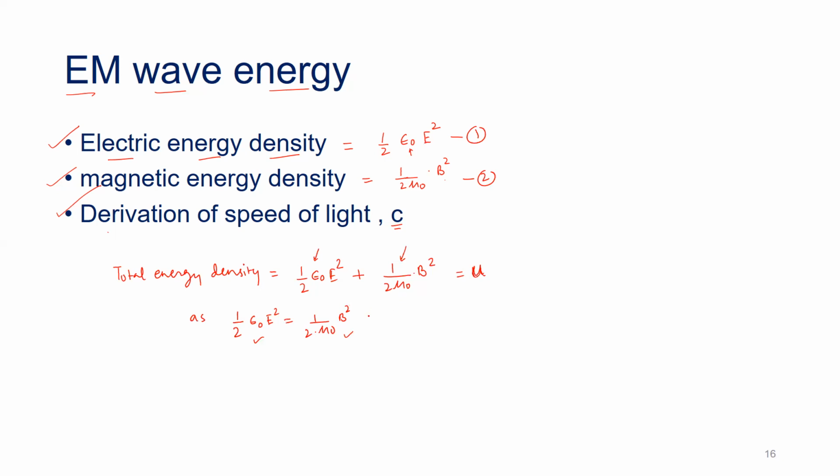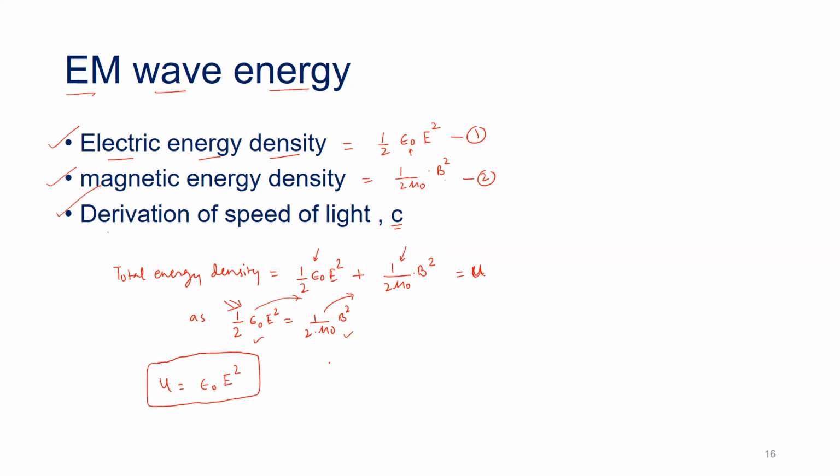If we have that kind of relationship, we can write the value of U by plugging in this value in the above equation, and we get epsilon naught E square. Because we can write 1 over 2 times mu naught B square to be equal to 1 over 2 epsilon naught E square. So with that, U becomes this.